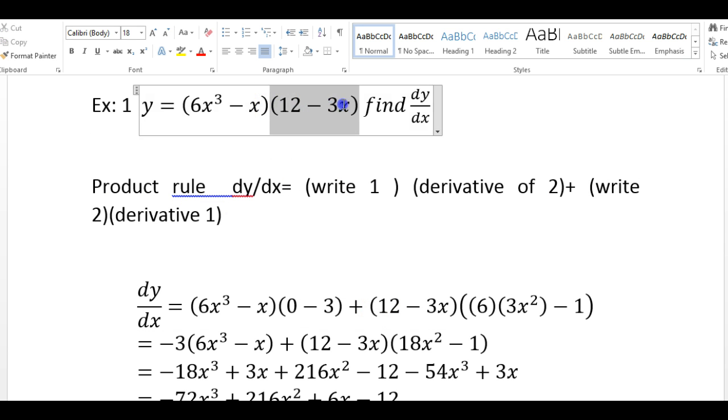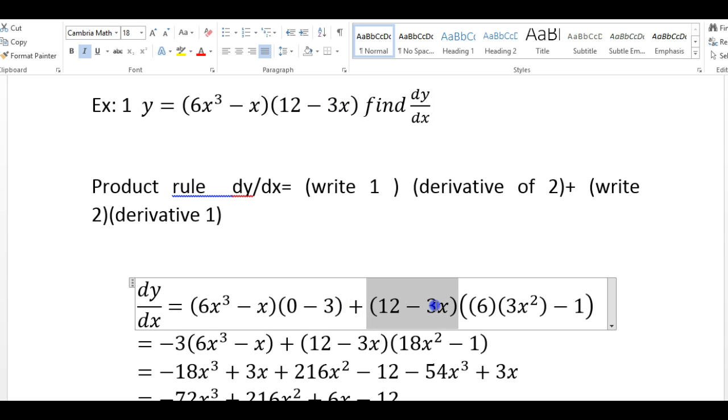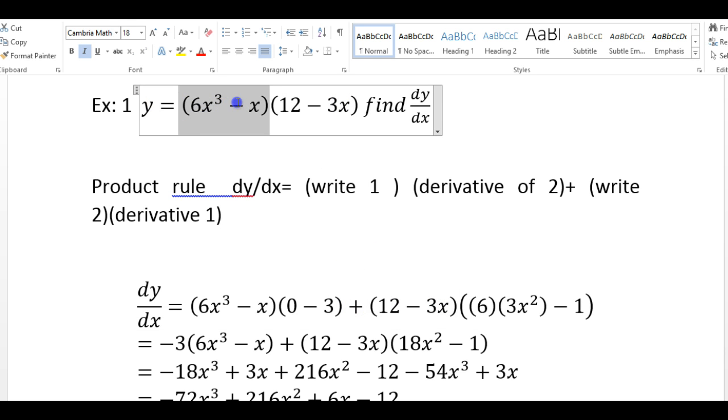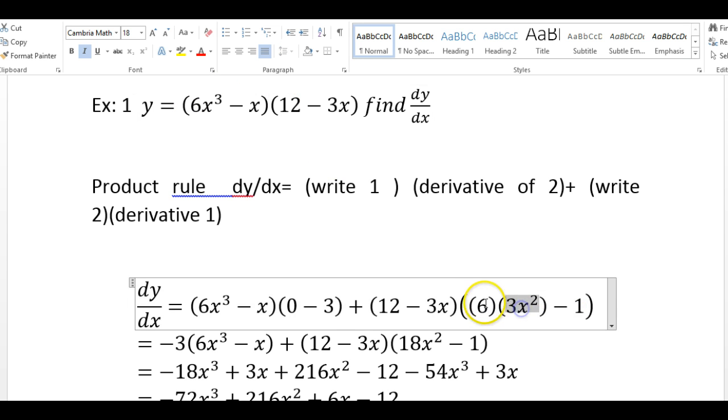This is write 2, and the derivative of 1 is the derivative of this, which is 6 times the derivative of x cubed, 3x squared, minus 1. So basically the differentiation, the calculus part, is done with this step. I'm done with differentiation, but this is not the final answer. You need to simplify this to get the final answer.